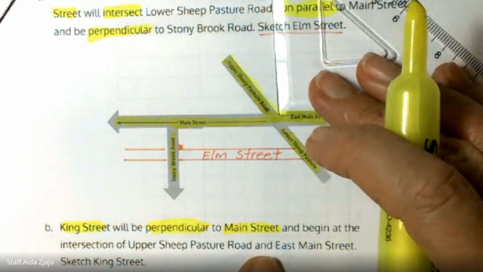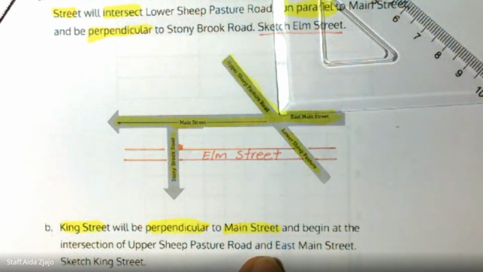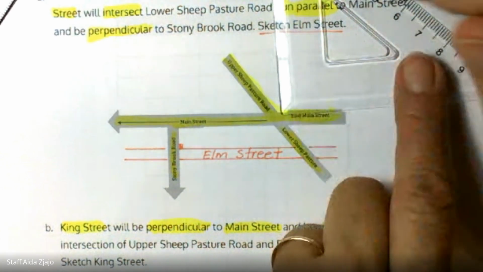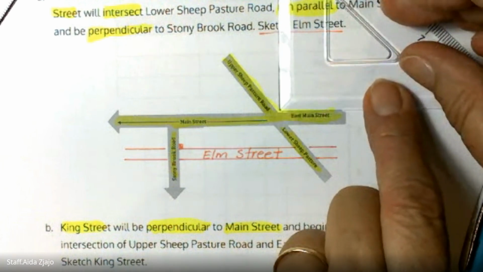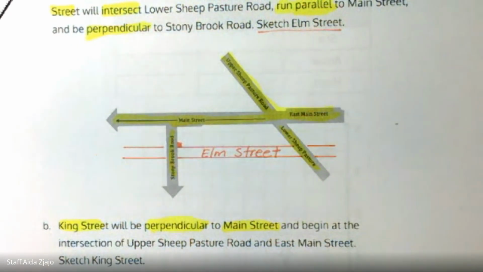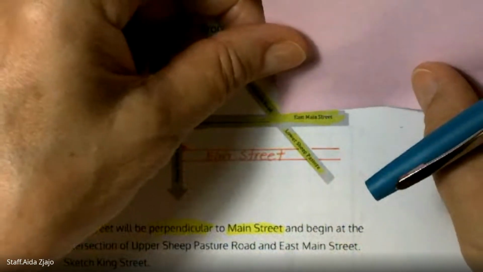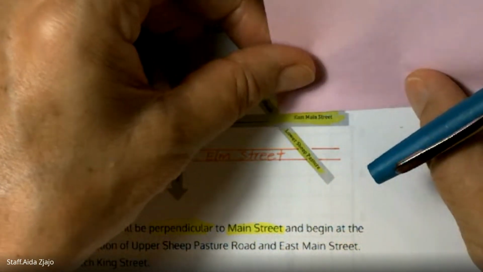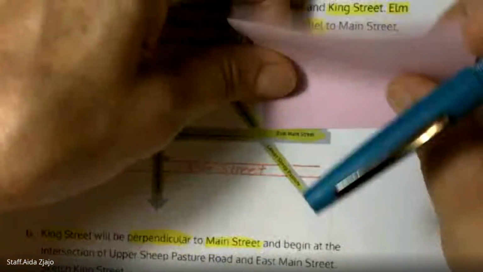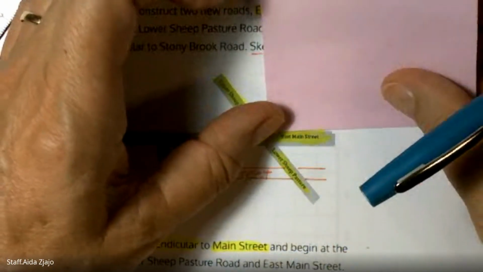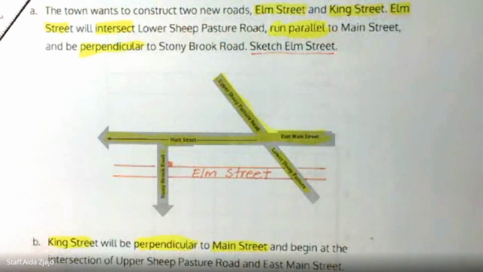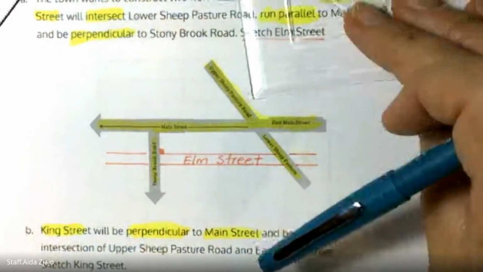perpendicular to the Main Street. So I'm going to use my triangular ruler, and I can also prove it with my stickers if you don't believe me. I need this new road to be perpendicular, and it's creating the right angle, and it has to be about like this. That's a line, right? So I'm using my triangular ruler.